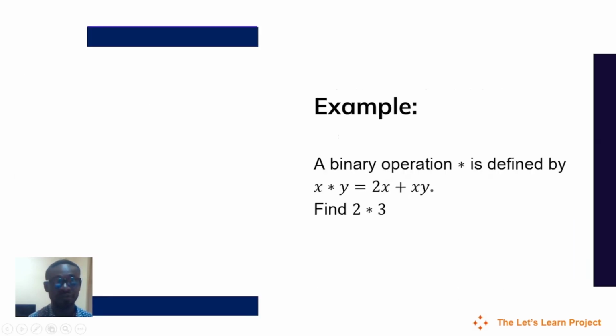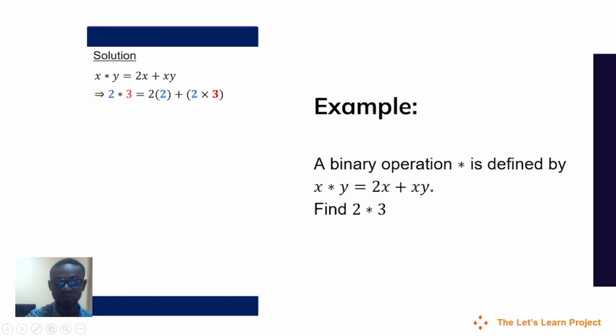So let's look at a few examples with regards to binary operation and see how questions under these are solved. A binary operation is defined by x star y equals 2x plus xy. We are to find 2 star 3. So first, we state the rule that has been given. Then we have to find 2 star 3. We are only doing substitution.